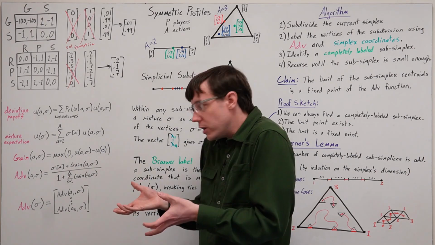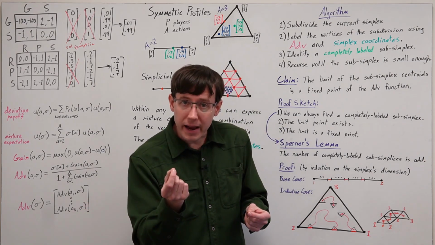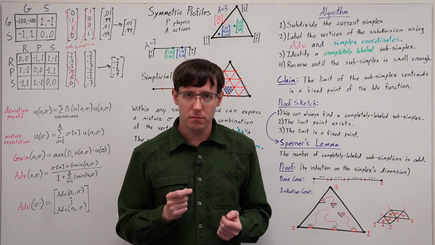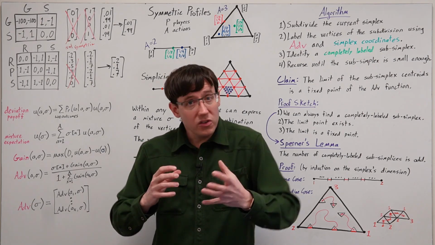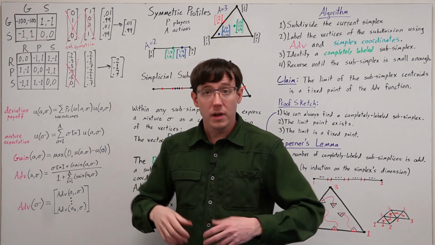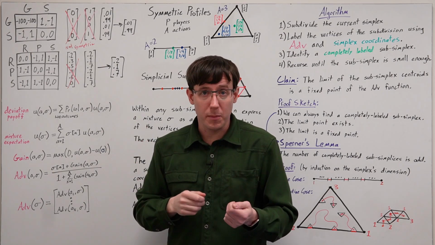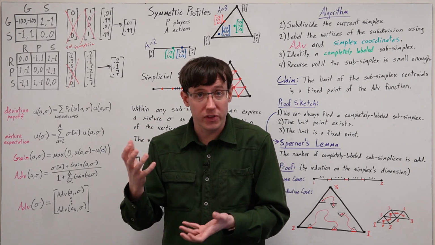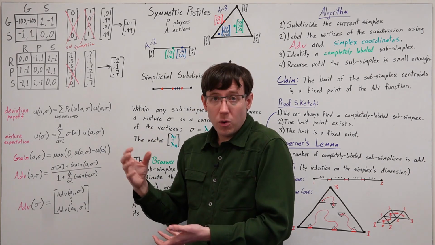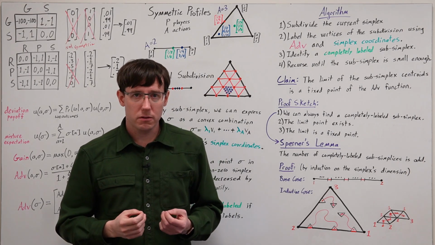If we want to actually go looking for a fixed point of this function and find a symmetric Nash equilibrium, then we again need to think about the space in which we are searching. And since our symmetric profiles have everyone playing the same action, we just have a probability distribution over the actions, and so our symmetric profile vector lives in a simplex.